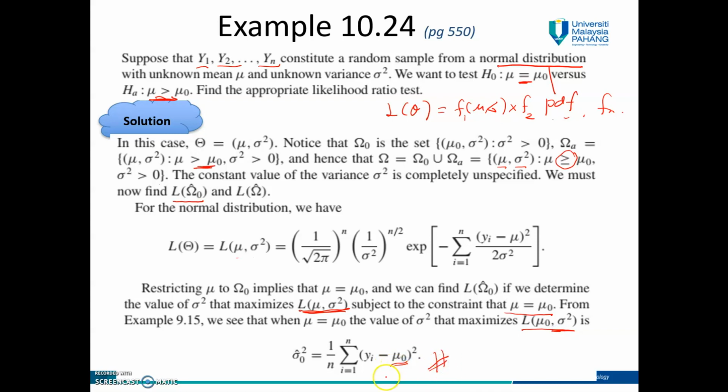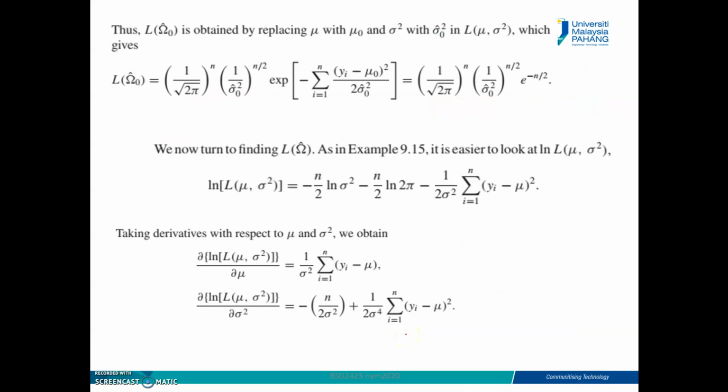Can you see the difference? Because we have sigma squared naught, here we have mu naught. Next, the maximum likelihood for omega naught hat is obtained by replacing mu with mu naught and sigma square with sigma squared naught hat, then this function will give you this one.